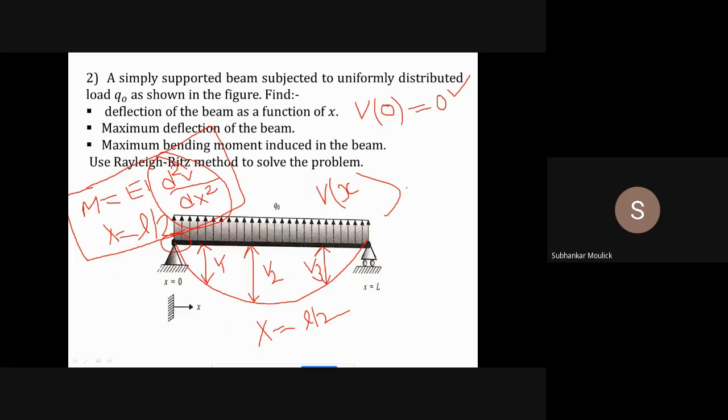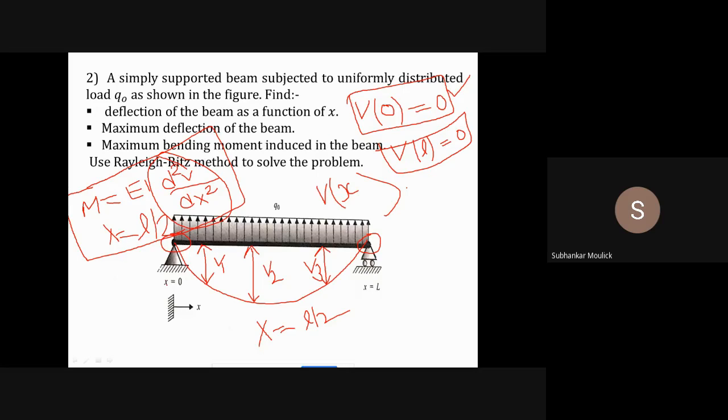The deflection v, which is a function of x, will be 0 at x equal to L. Yes. So these are the two essential boundary conditions present in the problem. You have to find those boundary conditions.